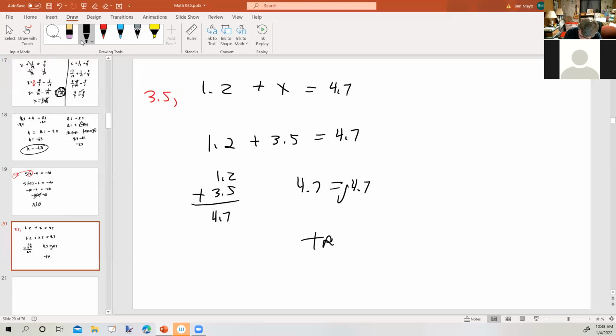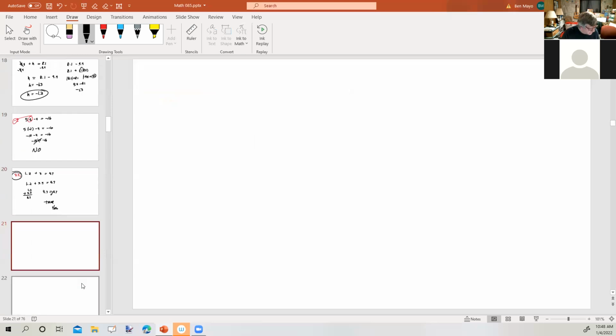So true, yes, this solution is correct. All right, now, suppose we have the following equation.